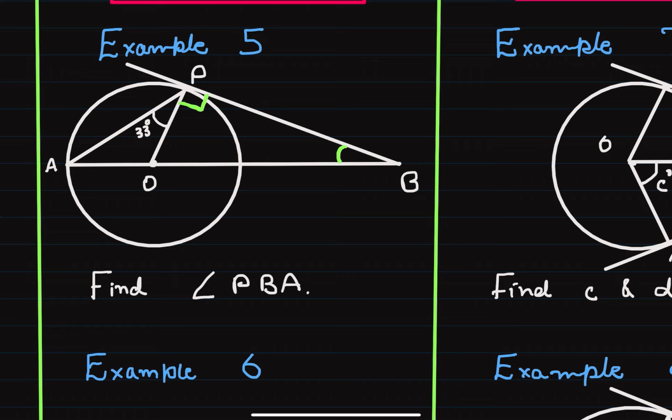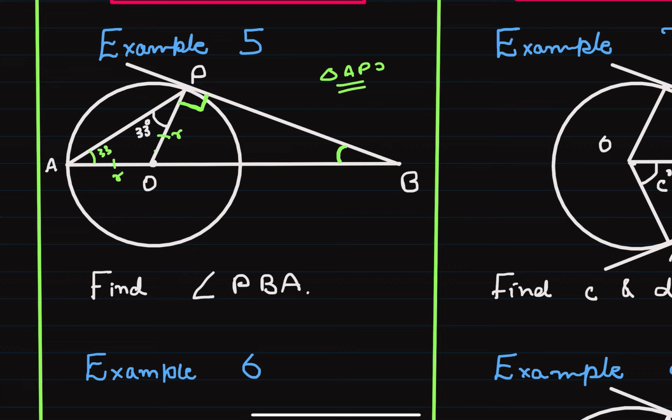So how can we find out this angle? This angle is 33, and I know that this is a radius and this is a radius. So this triangle APO is an isosceles triangle. That means this should also equal 33.